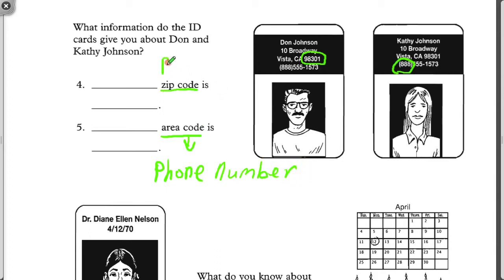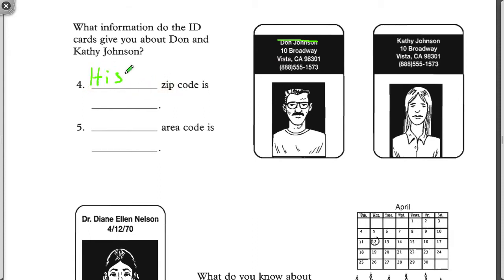Zip code has to do with place or location. Where do you live? So the zip code, Dawn's zip code is 98301. Her area code is 888.